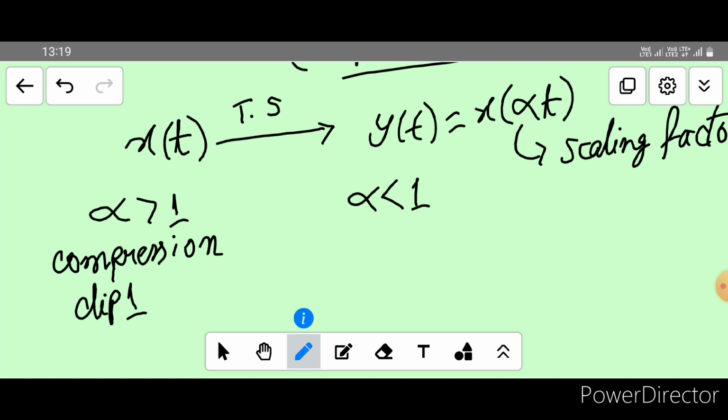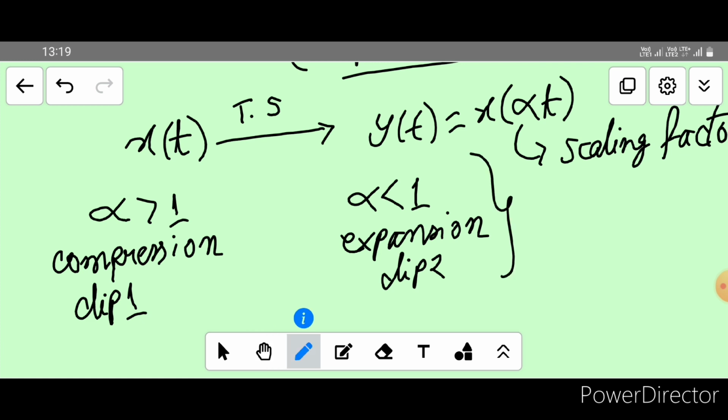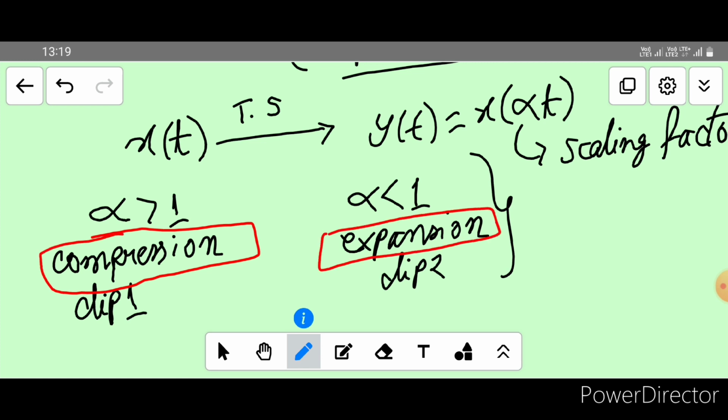And if alpha is less than 1, then our signal will undergo expansion in time domain, that is similar to clip 2. So I hope you can relate now. There are two types of time scaling: one can be compression and one can be expansion.